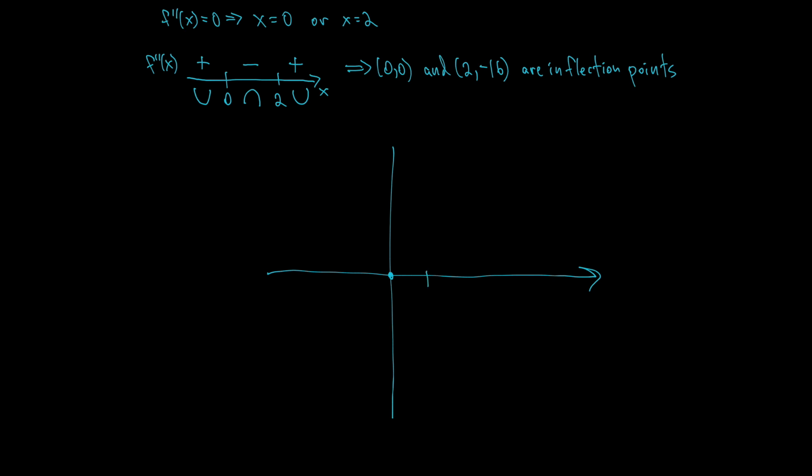We also know that we have another one at 2, which is -16. And we have a local minimum at 3, -27. So here's 3, -27. Here's 2, -16. And here's 0, 0.